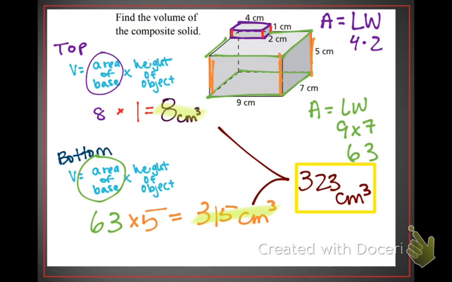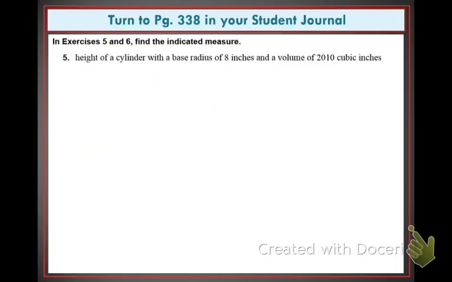We're going to flip to the inside. Are there any questions over this one? All right. So in this set of instructions, we're actually going to find something other than the volume. We're going to find the height of a cylinder with a base of 8 inches and a volume of 2010 cubic inches.